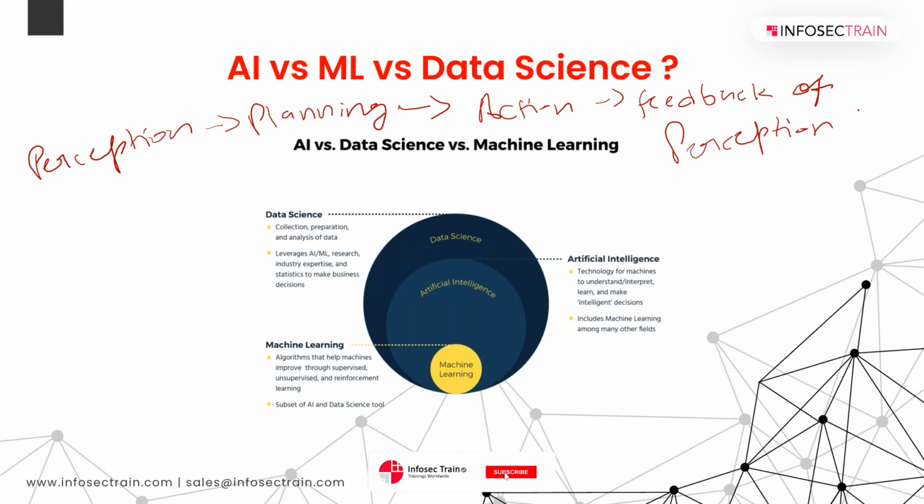So data science uses different parts of this pattern to solve some specific problems. Now, for instance, in the first step, perception, data scientists try to identify patterns with the help of the data. Similarly, in the next step, planning, there are two things: finding all possible solutions, and finding the best solution out of all, right? So that is also a thing.